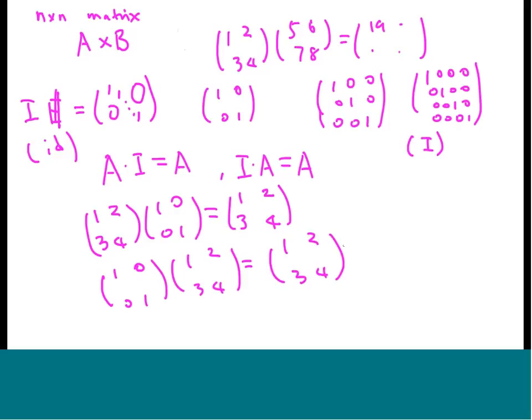For every matrix, it's like that. So this is why it's called identity, just like one in the usual multiplication.